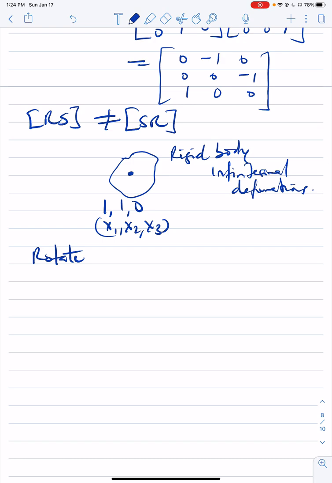If we rotate this rigid body, what is the new position of this point? That's the question. If we rotate this rigid body, what is the new position of the point?